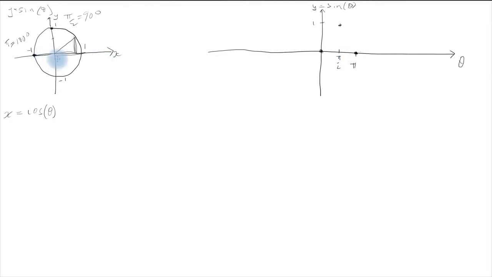If we go straight down, that's 3 pi on 2 radians, and our y value is minus 1. So there's our next point. Then at 360 degrees, or 2 pi radians, we get back to where we started, which is 0.